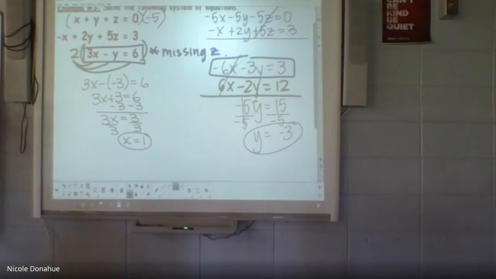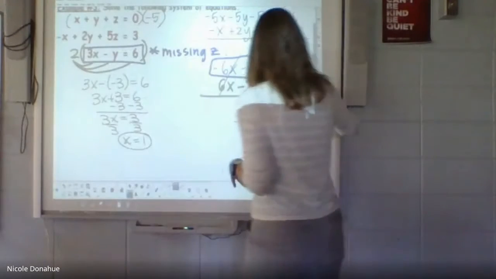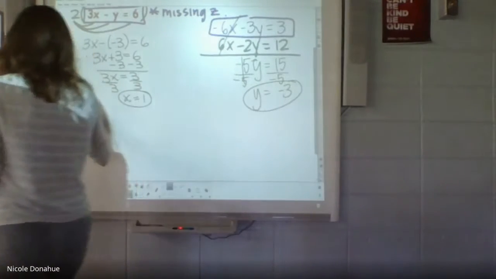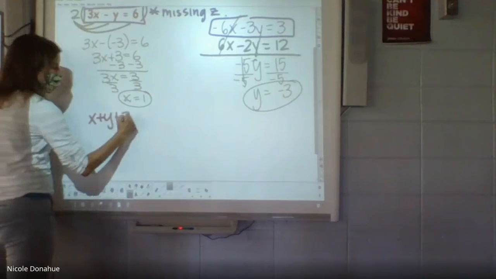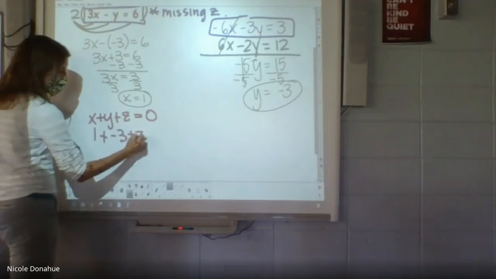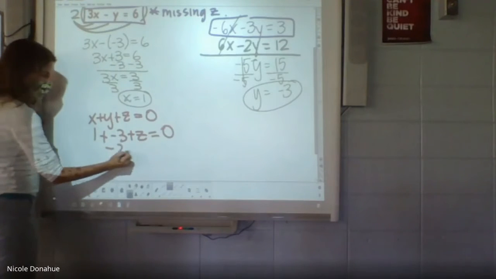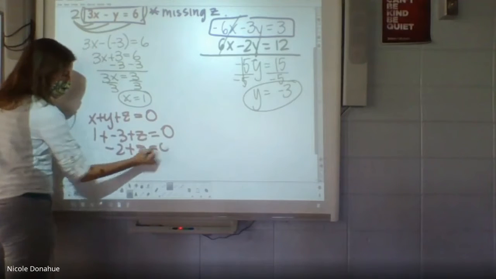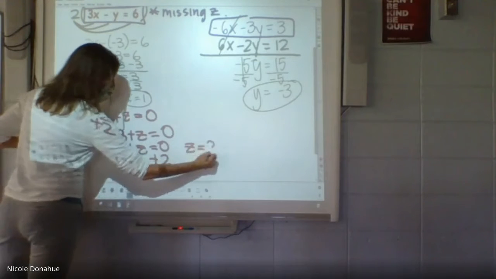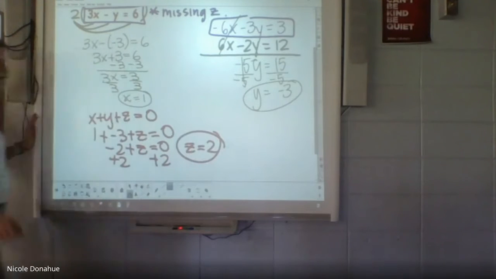It really doesn't matter which one you put these back into, as long as you work your way gradually back. So I might put it back into the top one: x plus y plus z equals 0. So z ends up being 2.